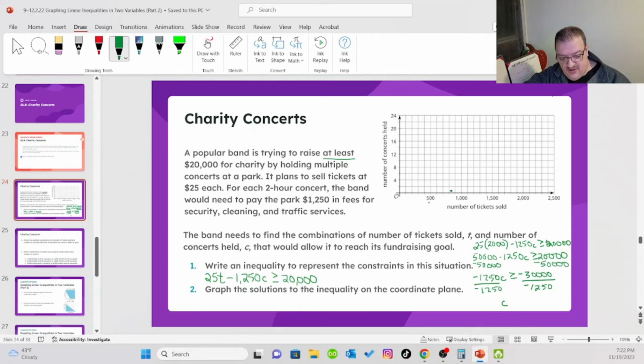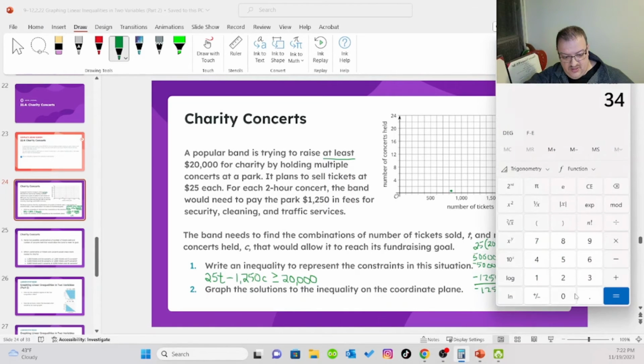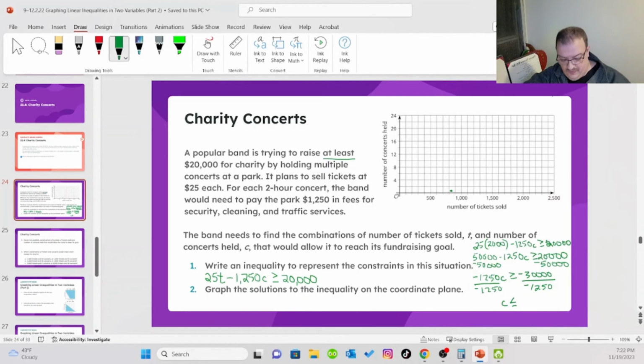And I find out that C, don't forget to flip the sign when you divide by a negative, C is less than or equal to 24. So I can put another point right here.